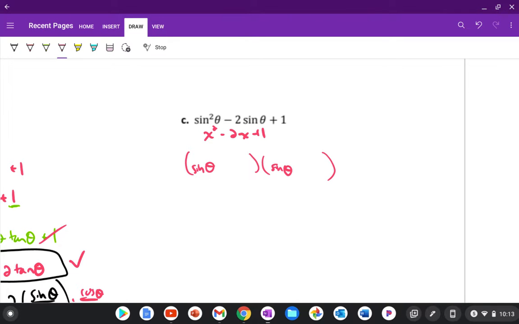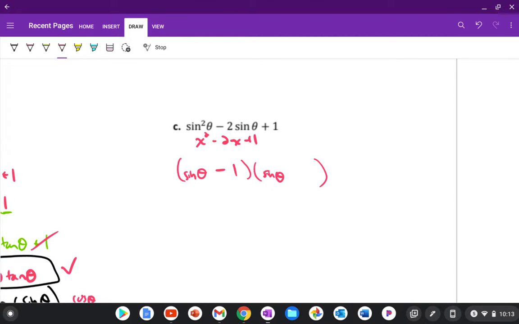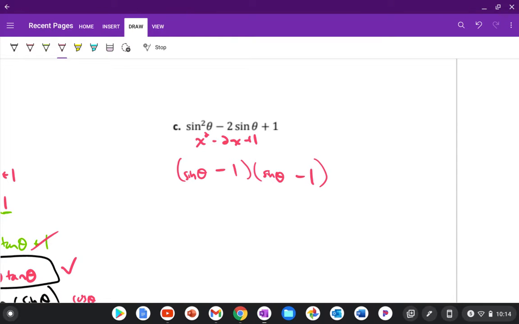And then this would generally be a minus 1 and a minus 1, right? And that will still be the case here, right? Because if you were to FOIL this through, you would get your minus sine theta and minus sine theta, and then you got your plus 1 at the end. All right, so that works.